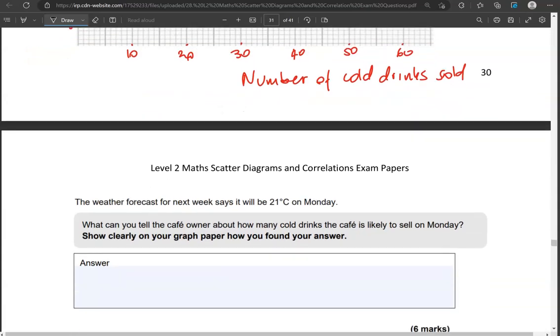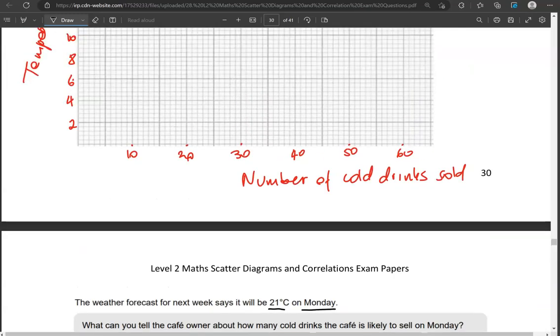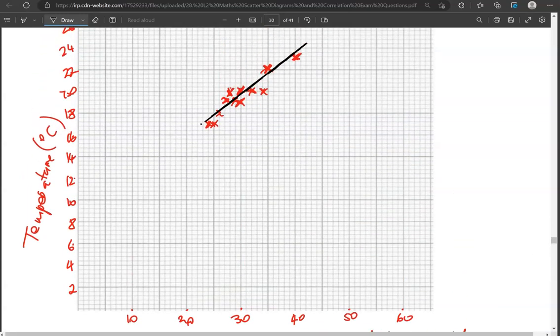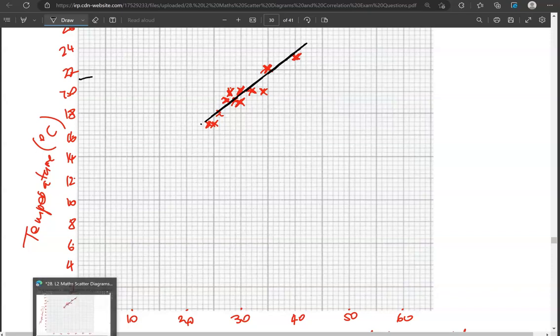The weather forecast for next week says it will be 21 degrees Celsius on Monday. What can you tell the cafe owner about how many cold drinks the cafe is likely to sell on Monday? Show clearly on your graph paper how you found your answer. So, I'm going to look for 21 degrees Celsius. So that is in between 20 and 22. So that's right in the middle.